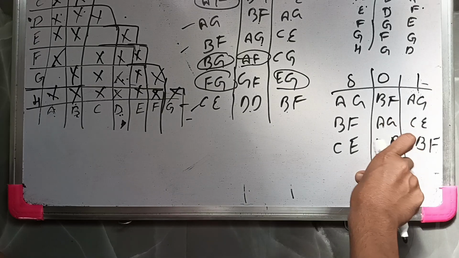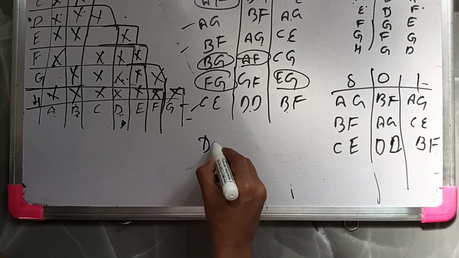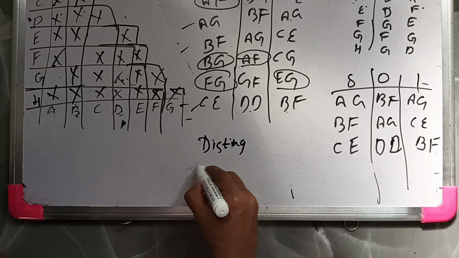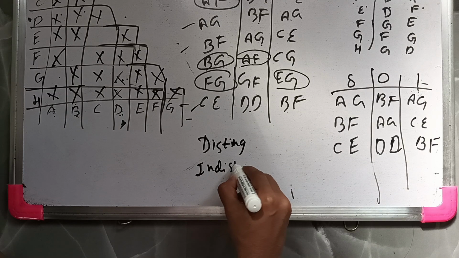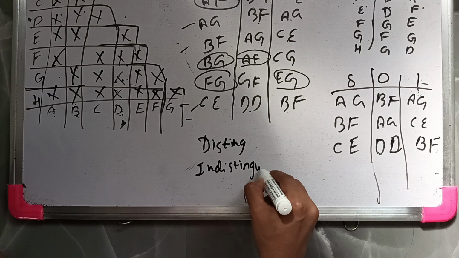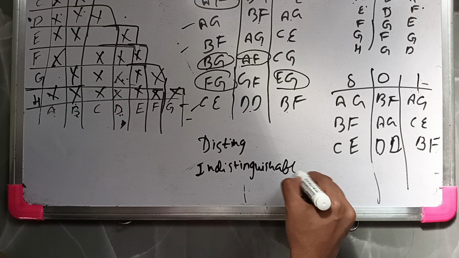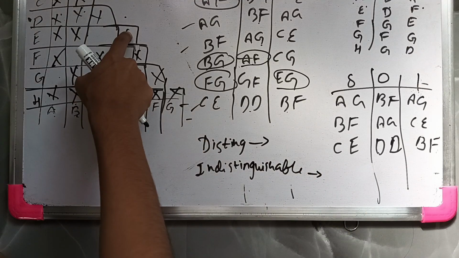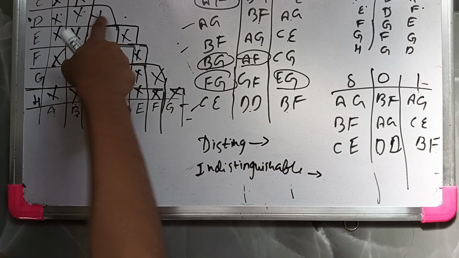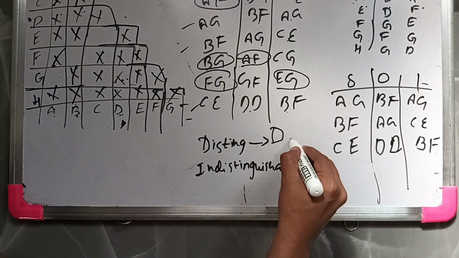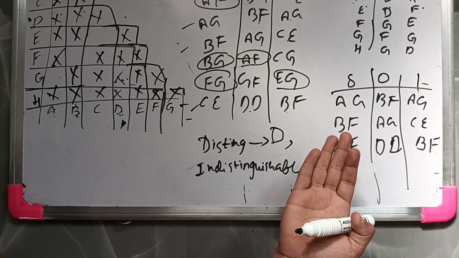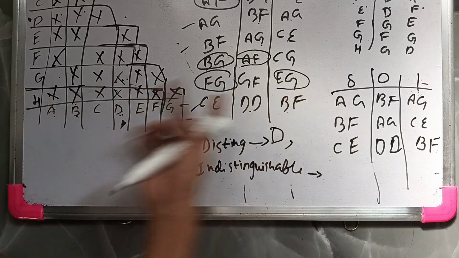Between them there is one step, that is we need to find distinguishable and indistinguishable states. Distinguishable means here the Dth row and Dth column is filled, right? So D is distinguishable, and find any other state where both row and column is filled.